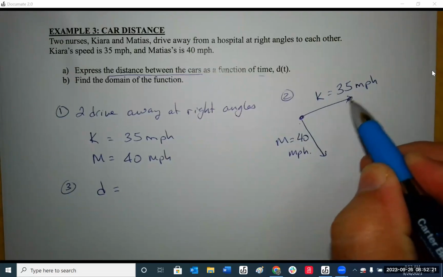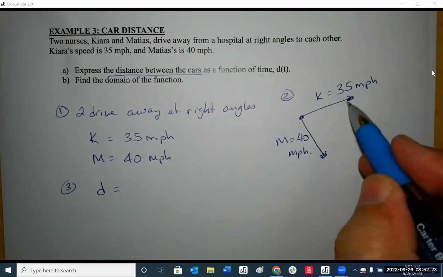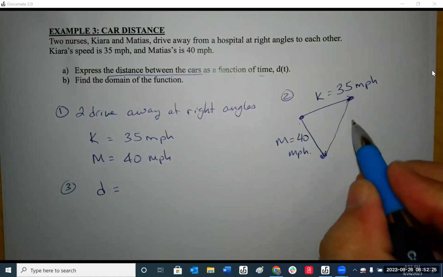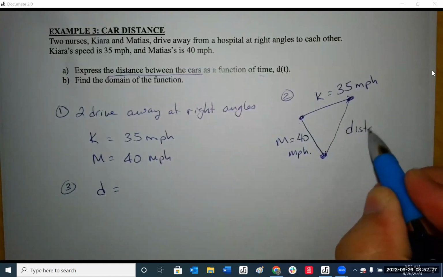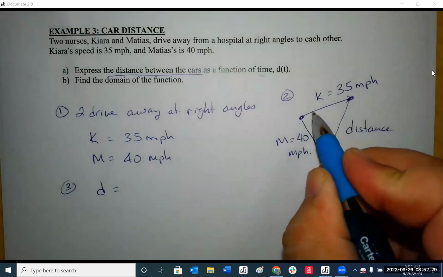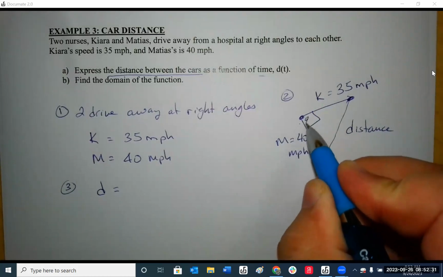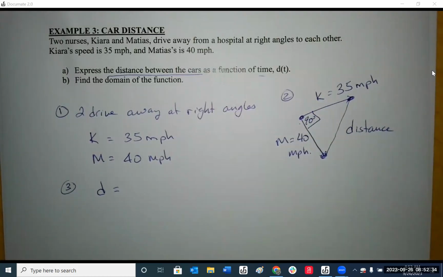Because the distance from this car to this car, that's what we're looking for. We're looking for this distance. And it's a right angle, which means 90 degrees. Do we know any formula that deals with triangles and 90 degrees?